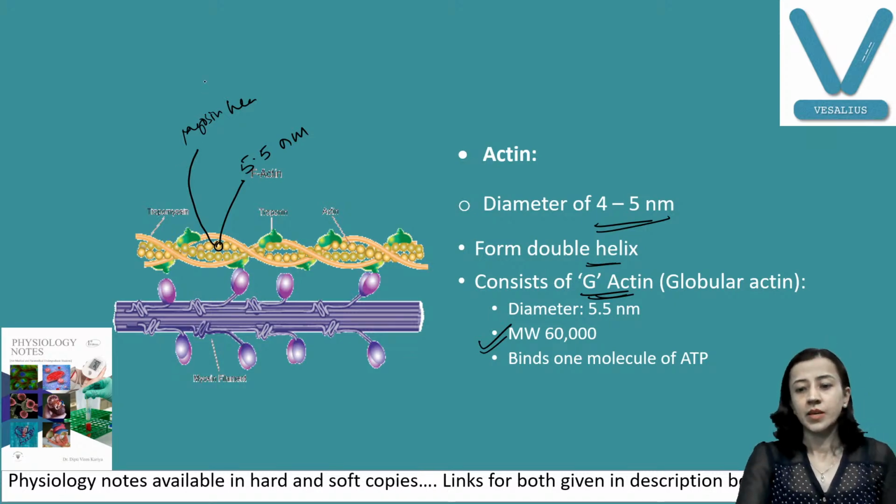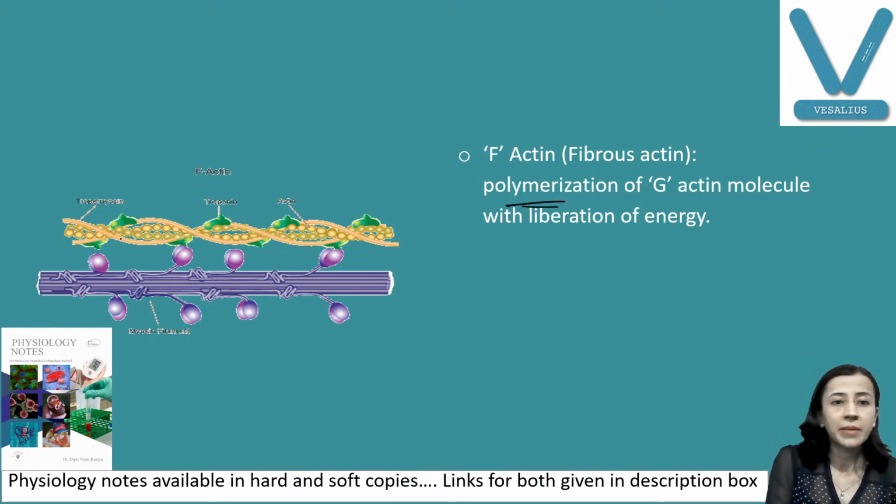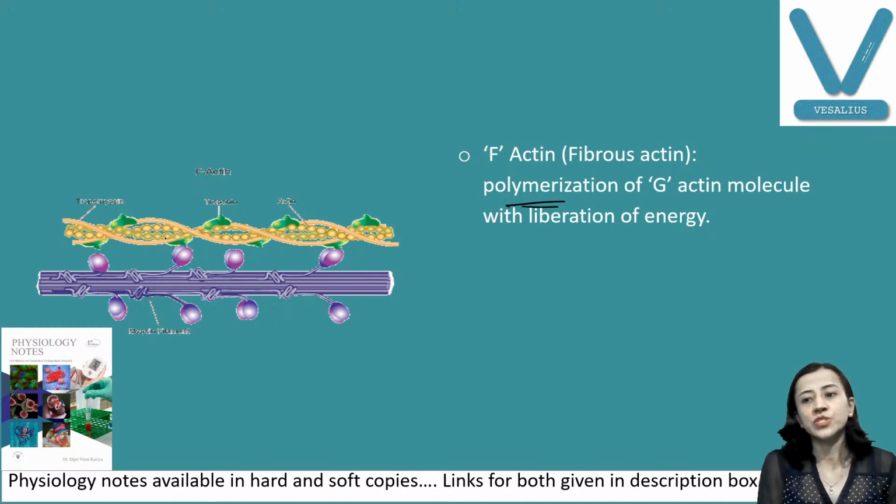Now, filamentous actin means all the globules form a filament, a fibrous actin. They are formed by polymerization. Multiple G actin molecules are polymerized, and when they get polymerized, there is energy liberation.